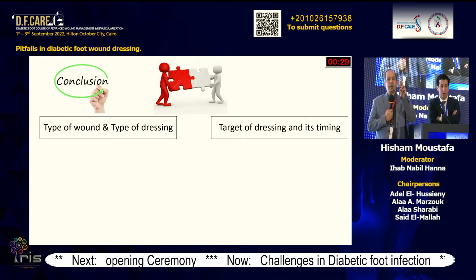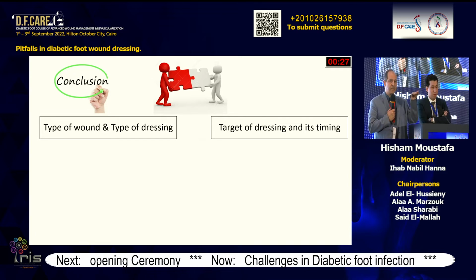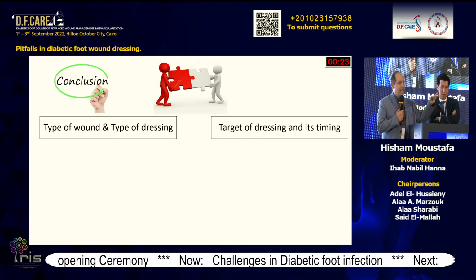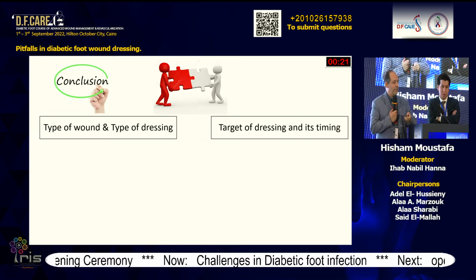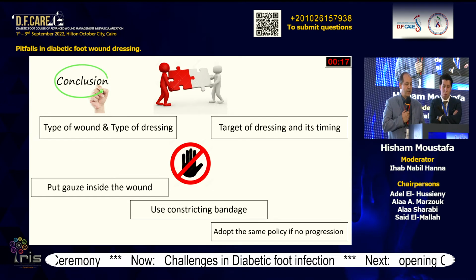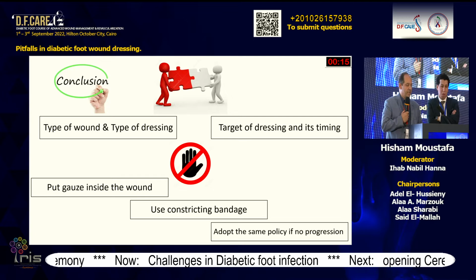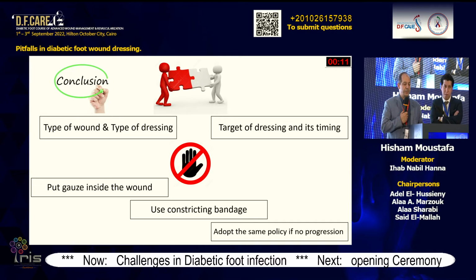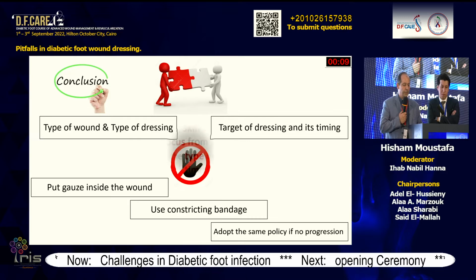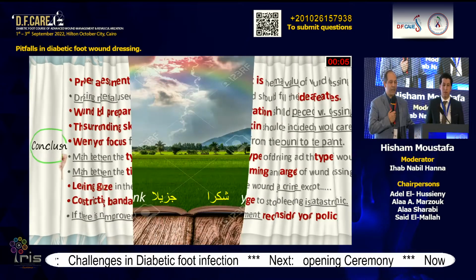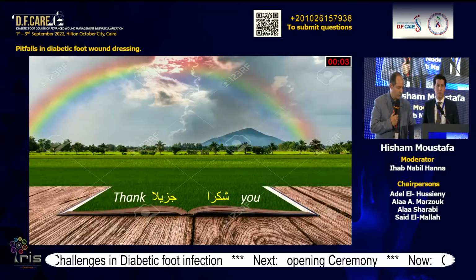And always match between the type of the wound and the type of the dressing on one hand, and the target of healing and the timing of dressing on the other hand. Please don't put gauze inside the wound, don't use a constricting bandage, and don't adopt the same policy if there is no progression of the wound. And I would like to thank you all for your attention.